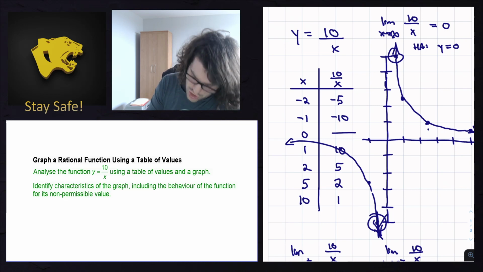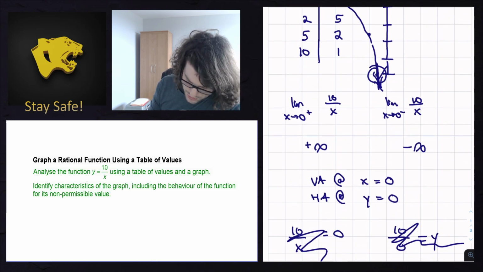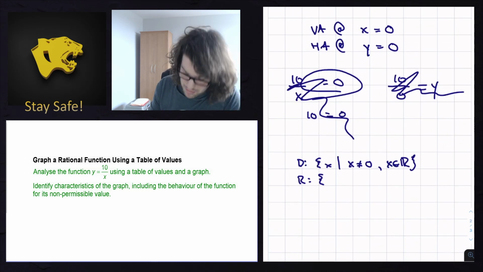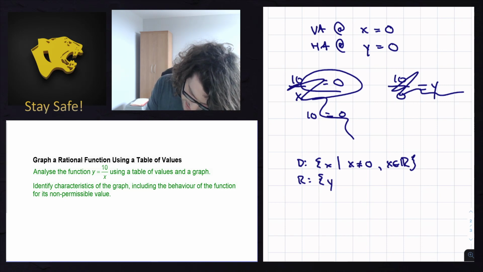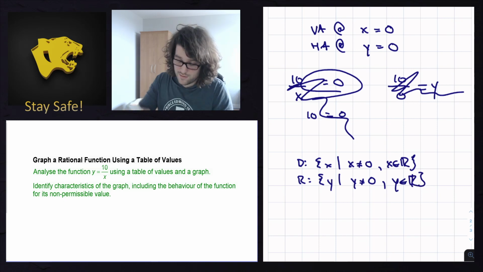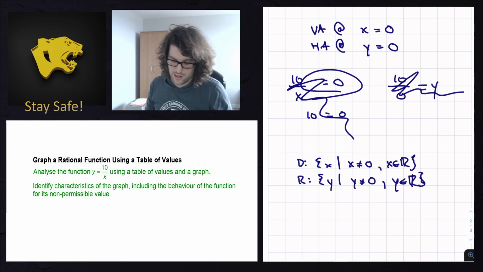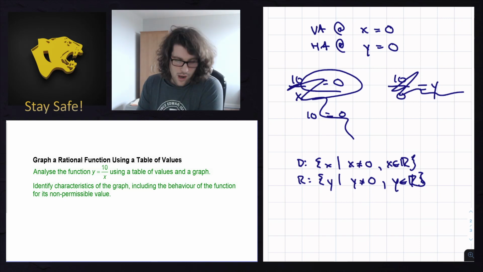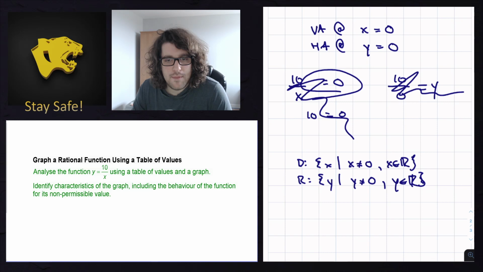So it tends to just not be able to become 0, which we also showed when we wrote down when is the y value equal to 0, and there was no place where that happened. But other than that, we go up towards positive infinity and negative infinity, and it approaches 0, so 0 is really the only number that's missing there. So those would be the domain and range for that particular one.